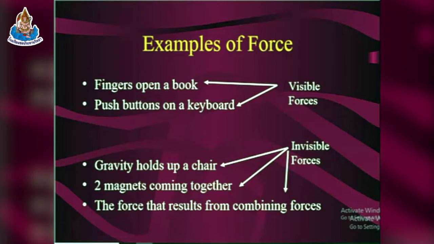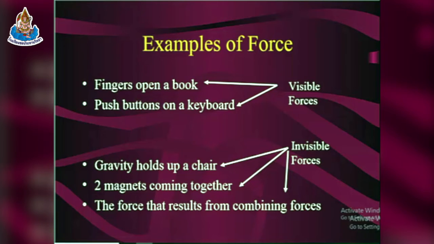So, examples of forces. We have what we call the visible forces and the invisible forces. When we say visible forces, we can see them, while invisible means we cannot see them with our eyes. So an example of visible forces is when you use your fingers to open a book. Another one is you push the buttons on a keyboard. Those are visible forces.